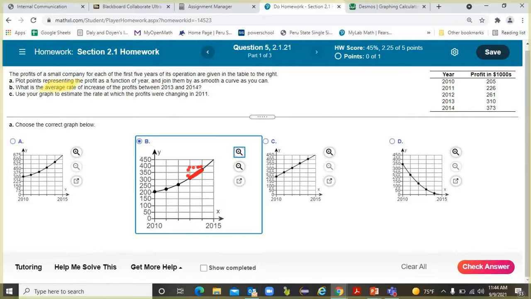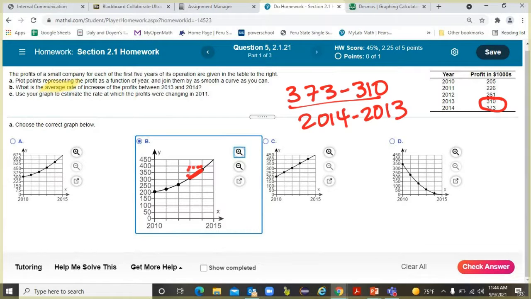We just want rise over run. So what was the change in profit from 13 to 14? Let's just get that from the chart over here. So the change in profit was that, and change in year was just 1, change in time. So it went up by what, 63?